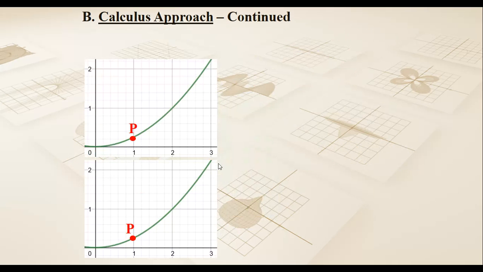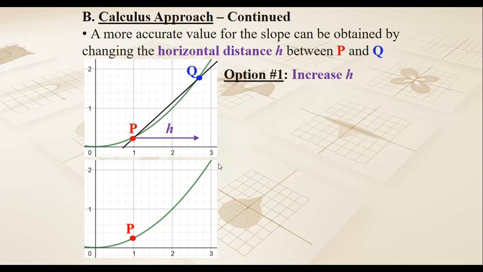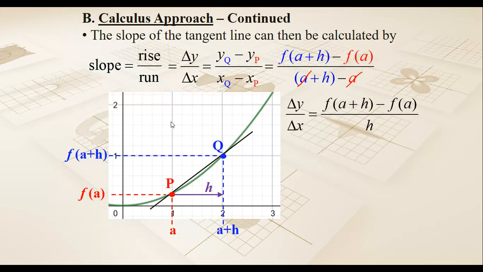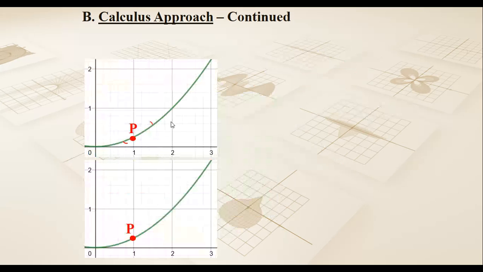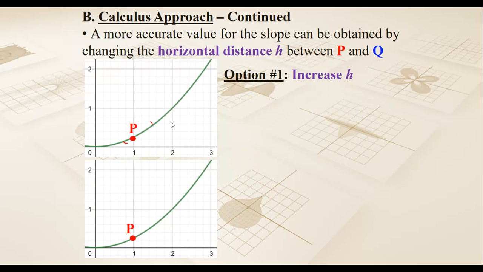If you look at this tangent line here, once again, we have the problem where on this side of point P, the curve is above the tangent line, and then over here, the curve is below the tangent line. So this has actually made it even worse. That tangent line is a worse representation of the slope at point P compared to what it looked like there. So increasing h is not an option to get a better representation of the slope.